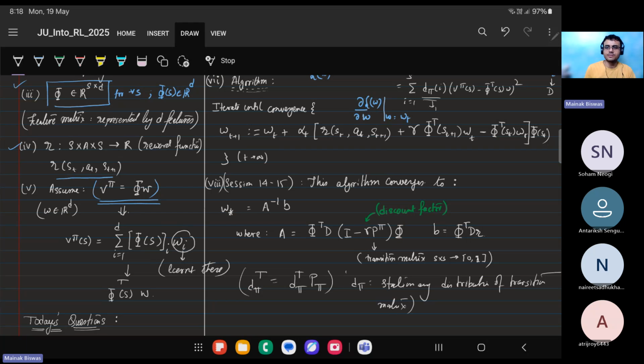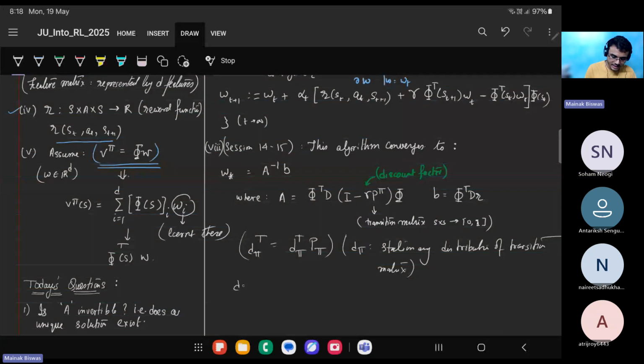We have done this multiple times, that when you traverse a Markov chain, D pi of S dash is the probability, what is it? Do you remember? Probability of being in a state S dash. Do you agree?